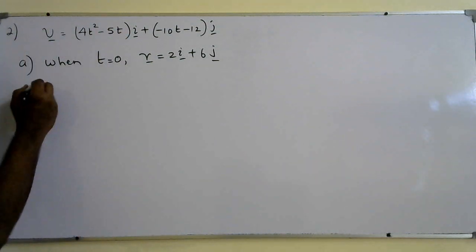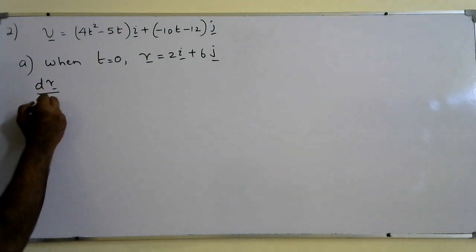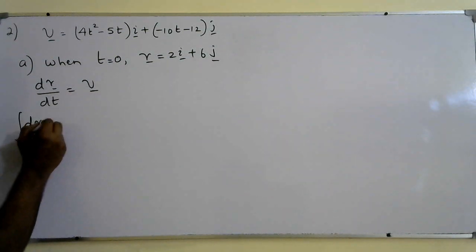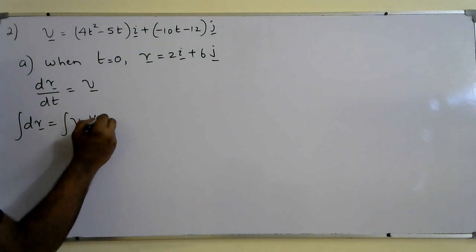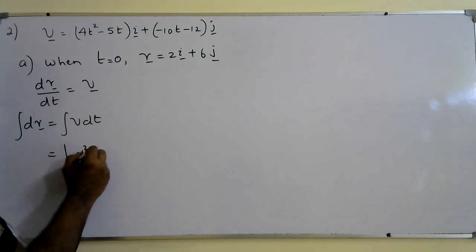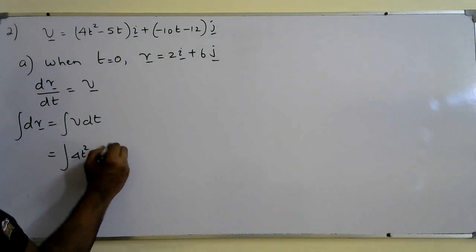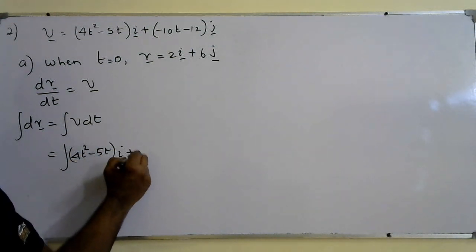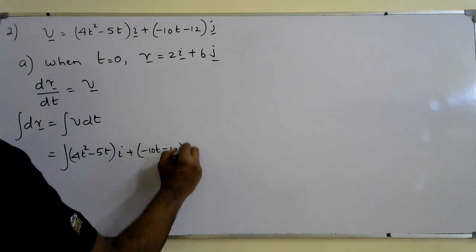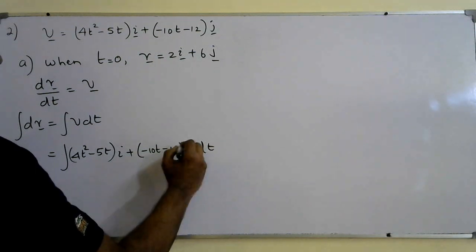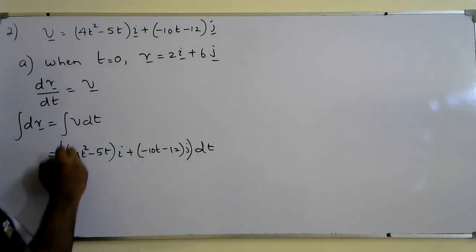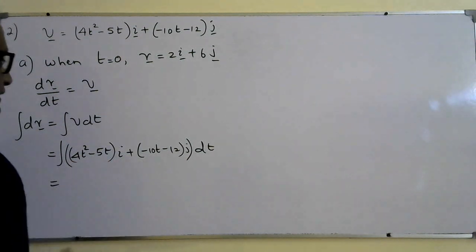So we know that when you differentiate the position vector, you get the velocity vector. So the integral of dr will be the integral of v dt. The integral of v, which is (4t squared minus 5t)i plus (minus 10t minus 12)j, dt. We'll integrate i and j separately, easy.